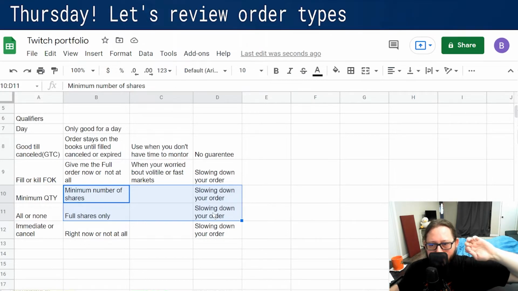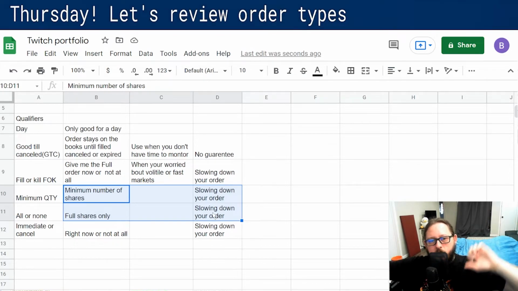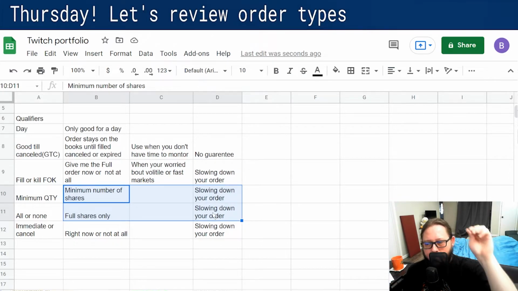So if you've got 500 shares on the New York exchange and 500 shares on the Philly network, if they're two separate ones and one of those two gets filled faster than the algorithm can connect your order, it's not going to fill your order. It just wasn't fast enough to connect the dots.